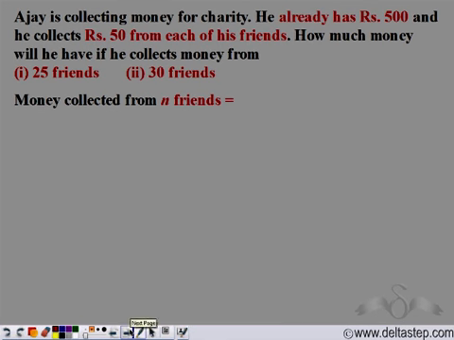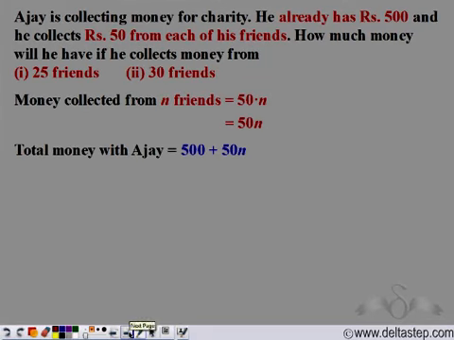So money collected from n friends. Now from each friend he collects rupees 50. So from n friends he will collect 50 into n, that is 50n. Now he already has 500 with him.